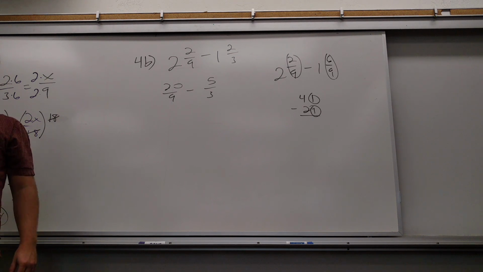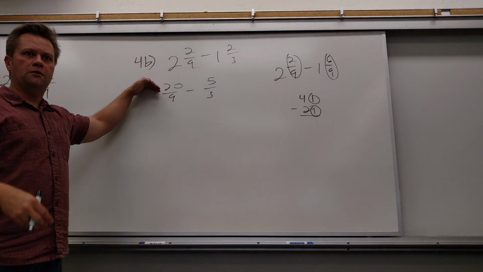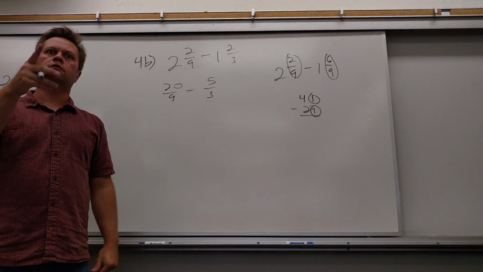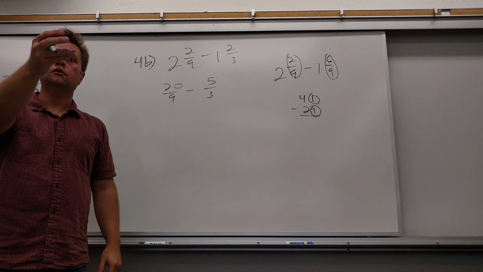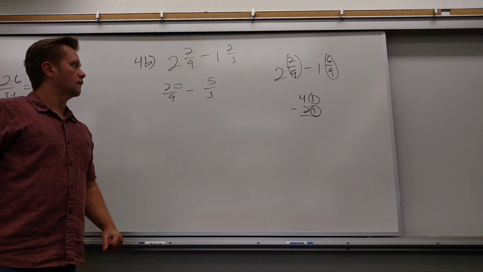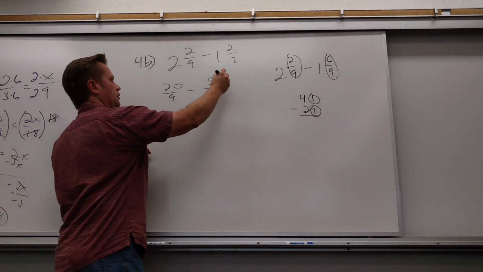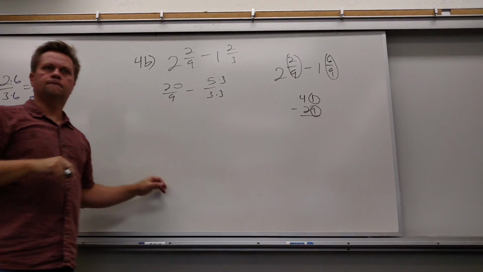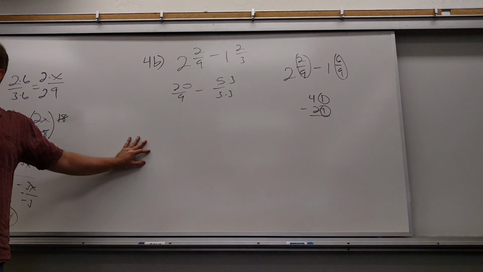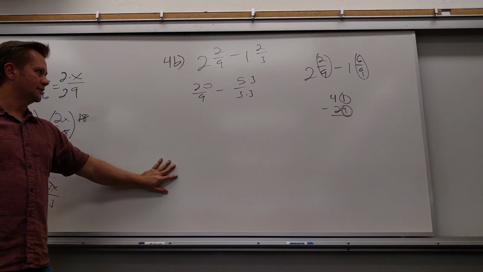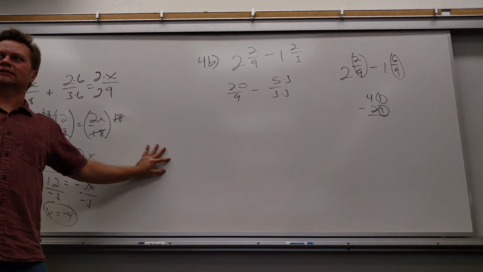Then reduce, right? It's all on the answer key. If you understand this step to this step, that's all there is to it. Multiply this side by 3. It's on the answer key though. That's why I made that, so I wanted to do it once. But oh well.